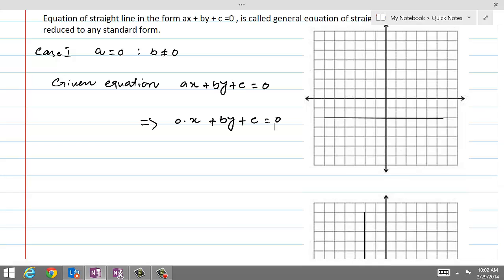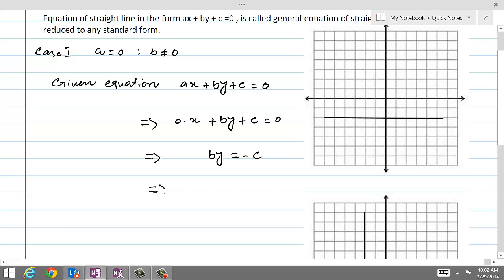So from here we can find the value for y. This would be by equal to minus c, and this will give us y is equal to minus c over b.